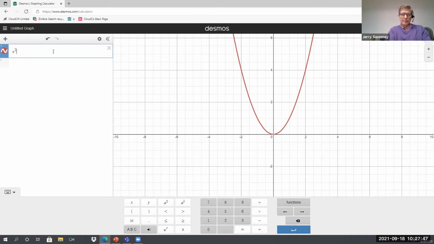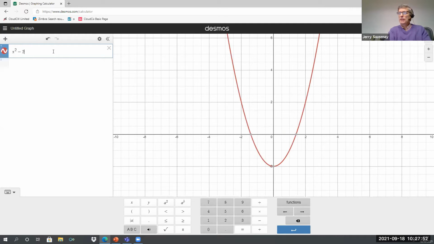So if we can play with this and see what happens if we go -2. And what's happened is the graph has been shifted down by 2. So what we're plotting here is f of x is equal to x squared minus 2. And f of x is plotted vertically, on the y-axis.